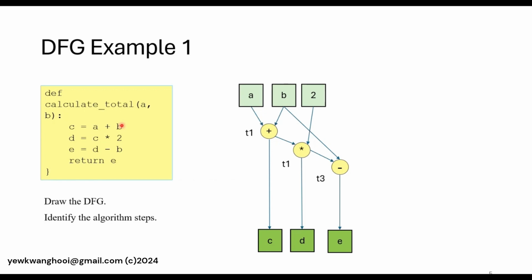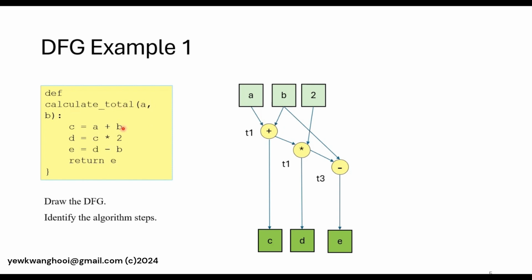Not just operator, you look out for the operator plus the functions. But in this case, because we are looking at the content of the calculate total function, we don't bother about calculate total itself, just the inside. So we have a plus, multiply, minus.